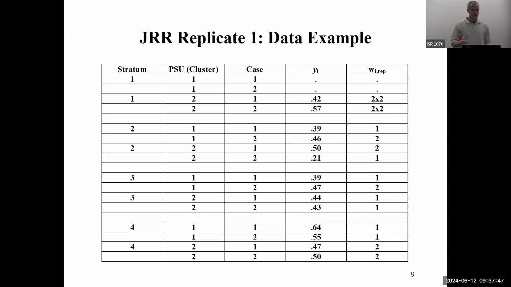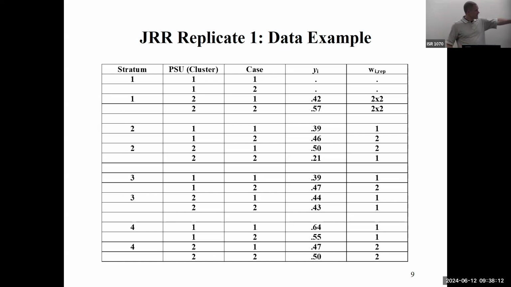Typically in the data set, you're not going to see a missing value for the weight for those cases that were deleted. You'll see a 0. That just tells the software those 2 cases that were deleted to form this jackknife replicate should not contribute to that estimate. That's what gives rise to 0 weights on replicate weight variables in the data set. Those are just cases that would not be included in a given replicate.